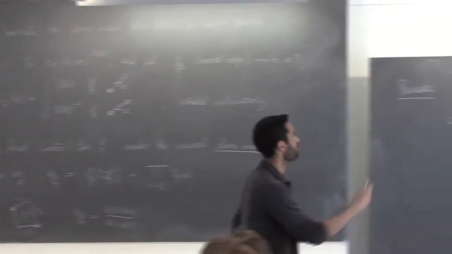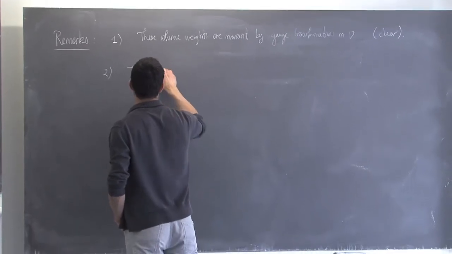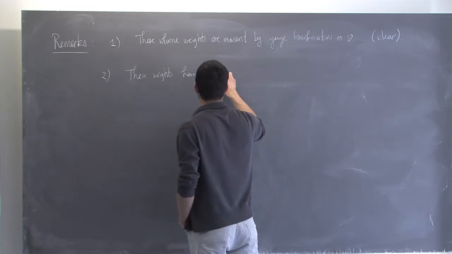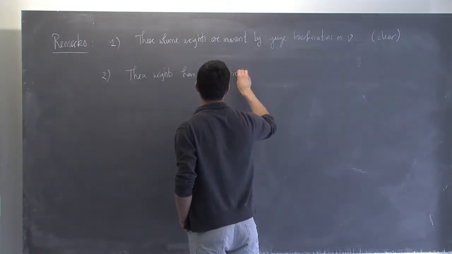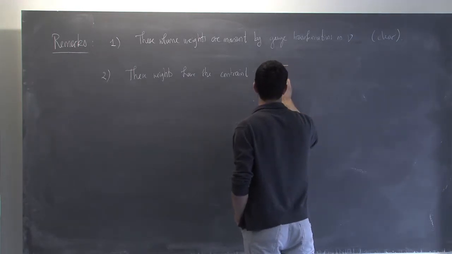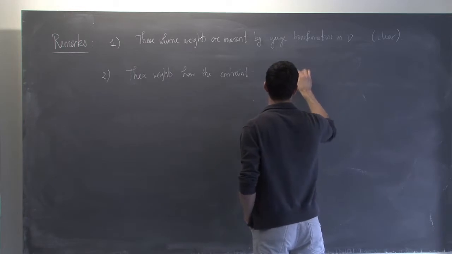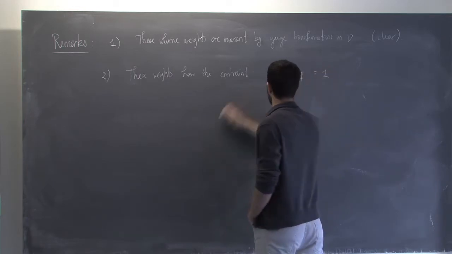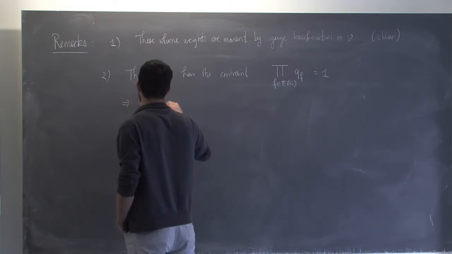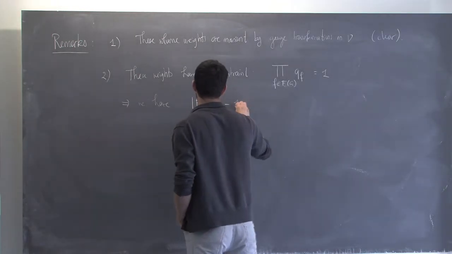So these weights have the constraint that the product over all the faces of this weight is equal to 1. So the number of free parameters is really given by this.